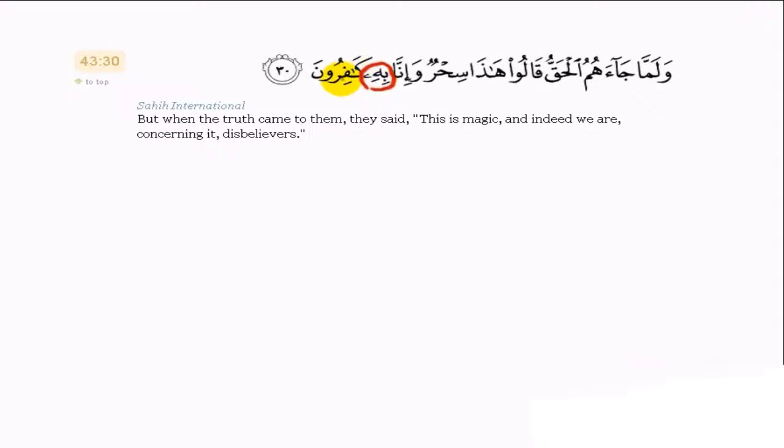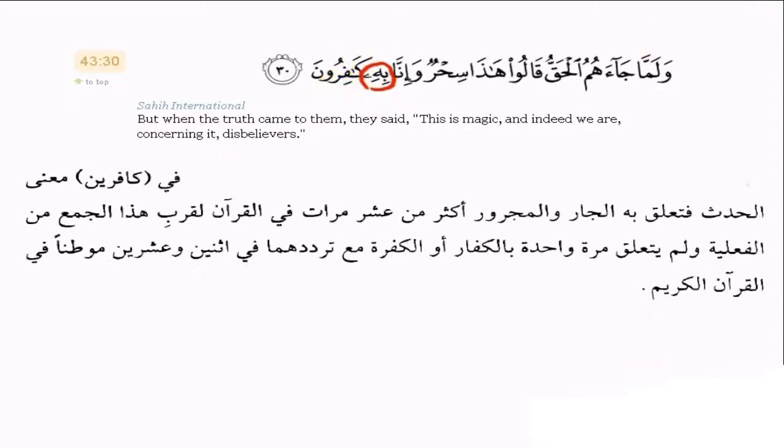Now what scholars of Balagha say is the following. It says here, kafirun has the meaning of action, فتعلق به الجار والمجرور أكثر من 10 مرات. Which means that the word kafirun, the jam'u salim, has an associated jar majroor in more than 10 places in the Quran.